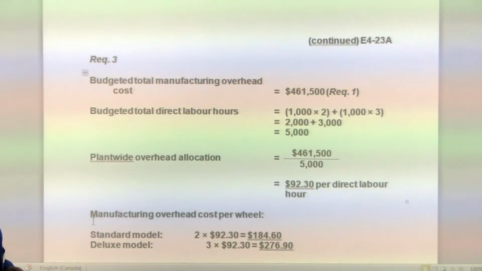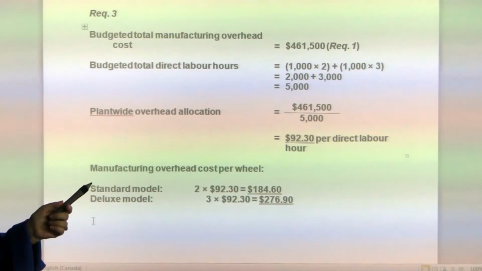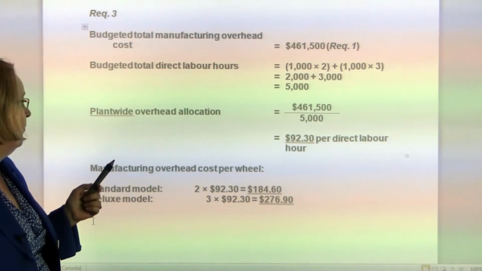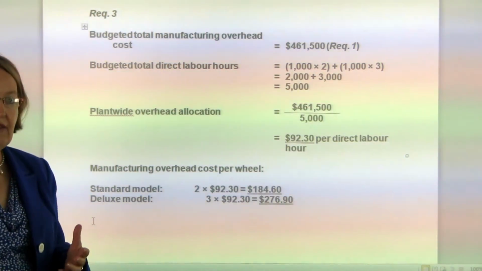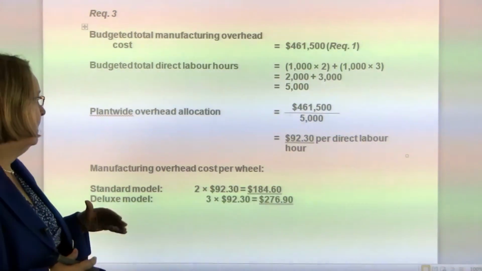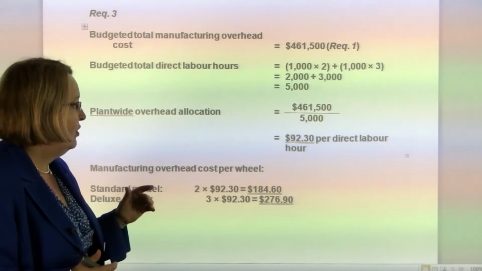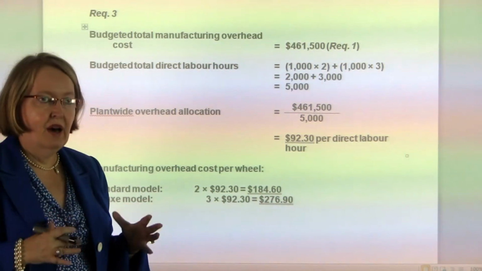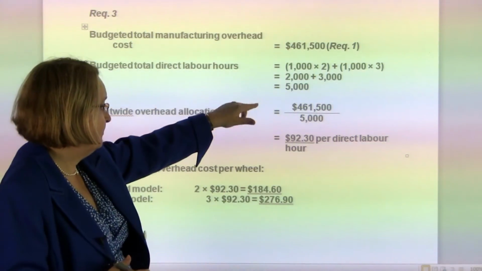So here we've already calculated in requirement 1 the total manufacturing overhead. And what we're looking at here, if you're just going to base this on direct labor hours, the combined number of hours for both products combined is 5,000.